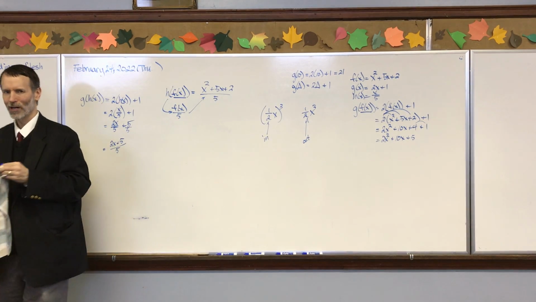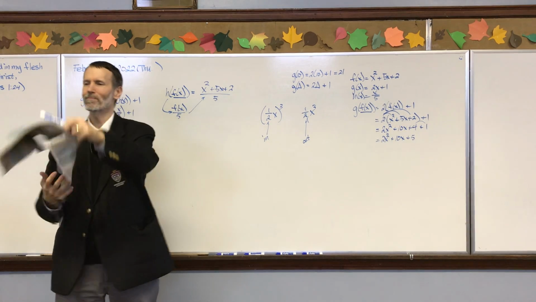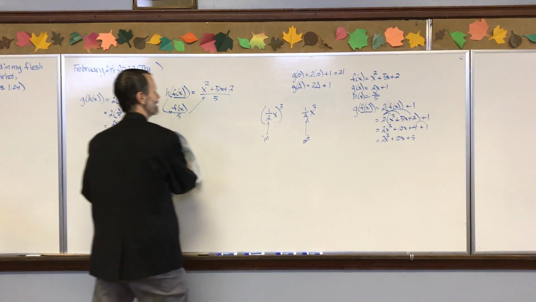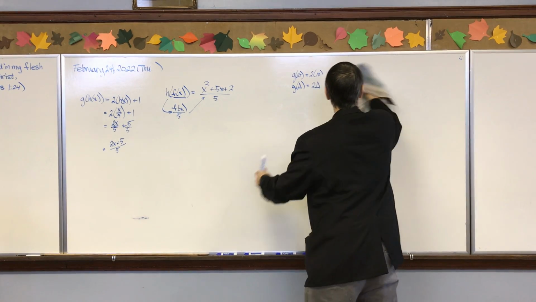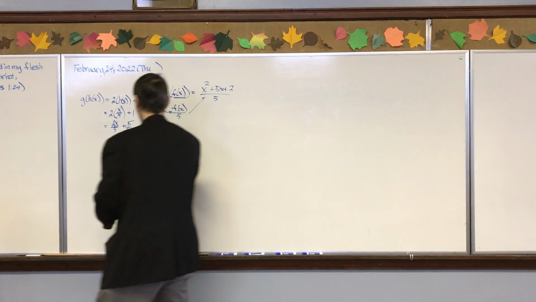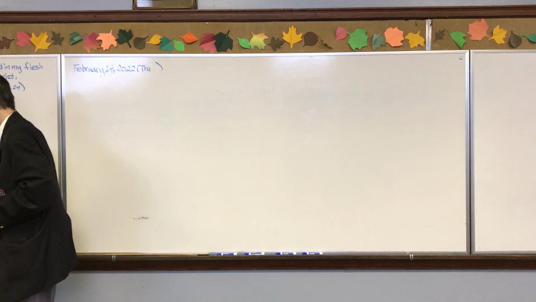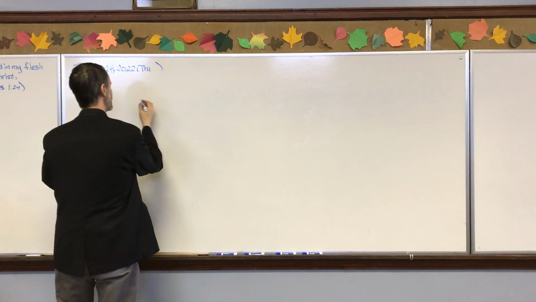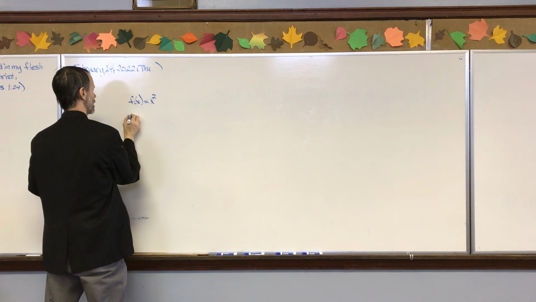I want to try one just because I vaguely remember something on the test which might catch people off guard. Try this. I'm going to give you two, the parent graph is x squared.